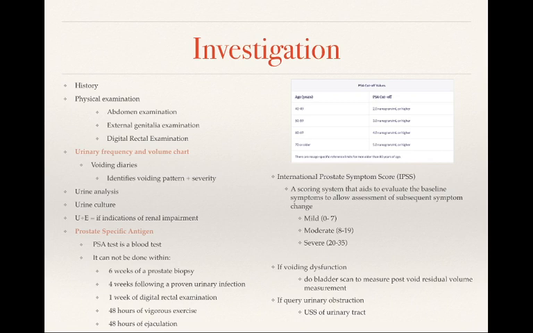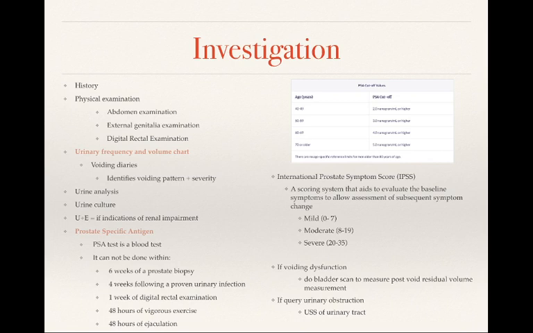The reason why you have to ensure this is because all these things can provide a false positive result. The table on the right shows you the normal PSA cutoff values according to the age of the patient. And this is important to know so that you can identify when a PSA value is abnormally raised.